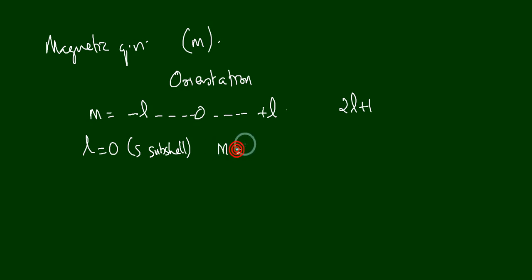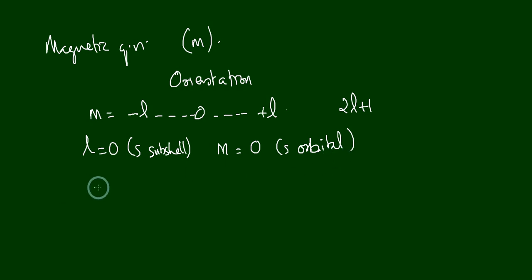M is equal to minus L to plus L. It means minus 0 to plus 0, which means 0 only. So the only one possible value here is M equal to 0, and this corresponds to the S orbital. So from shell we reached a subshell, and from subshell we reached an orbital.